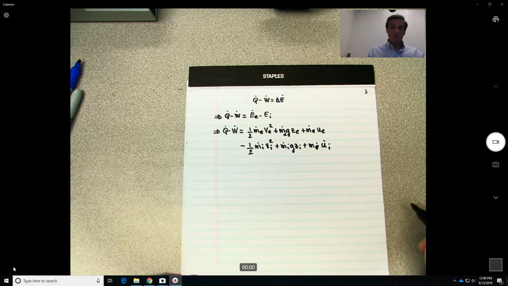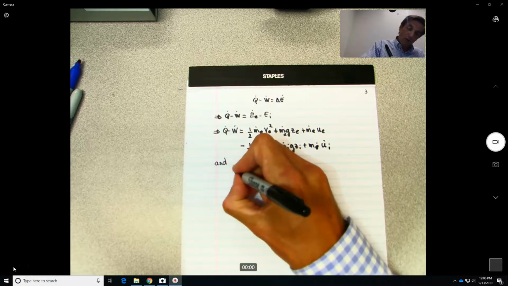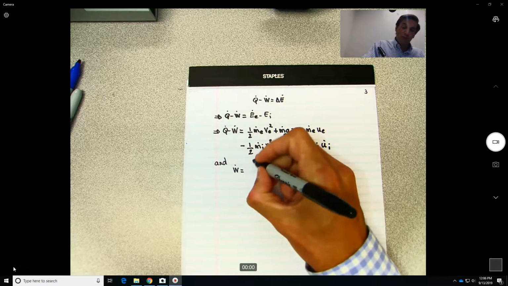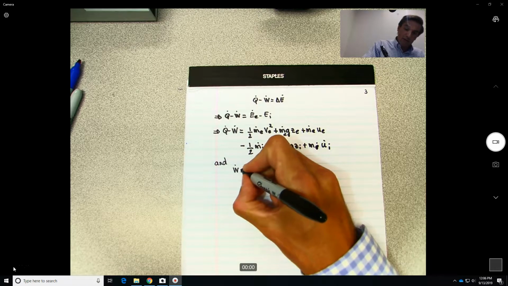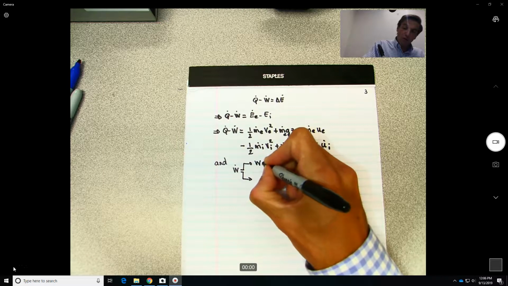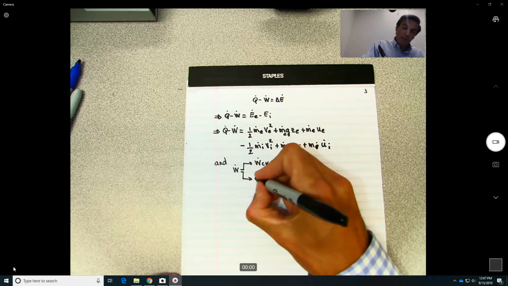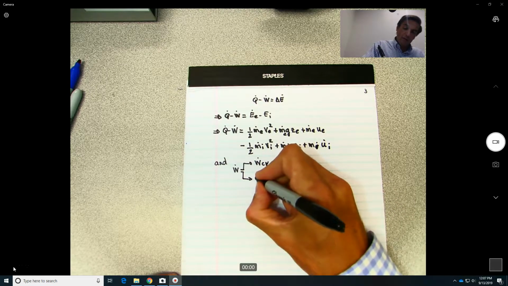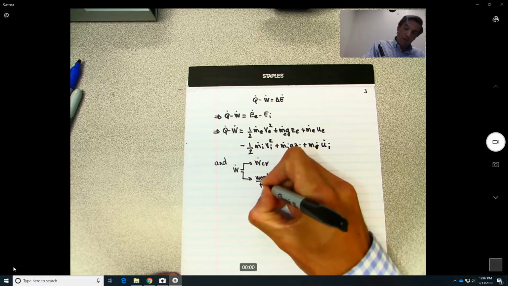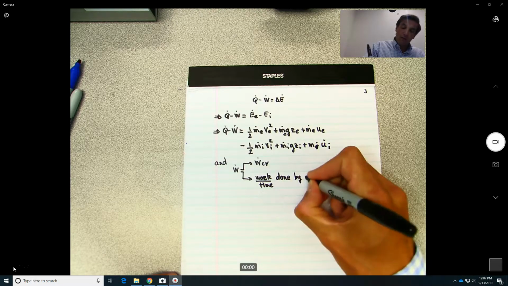Okay, so we're almost done over here. And again, this is work per unit time, so it's power, so we're going to have two terms. One is just the work, the power you can put in or out of the control volume, and the other one will be the work per unit time done by pressure.